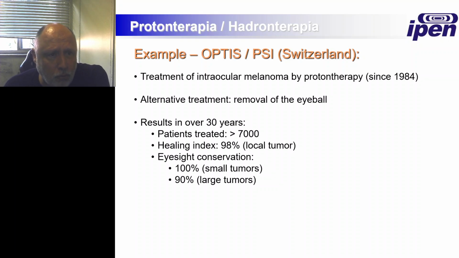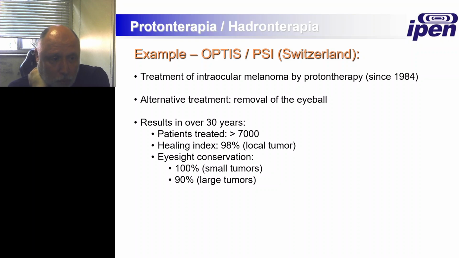And over these 30 years working, because it's been working since 1984, they treated over 7,000 patients. The healing index is really something to look at. 98% of the people whose tumor was still localized, meaning it didn't have metastases or anything, could heal completely, right?